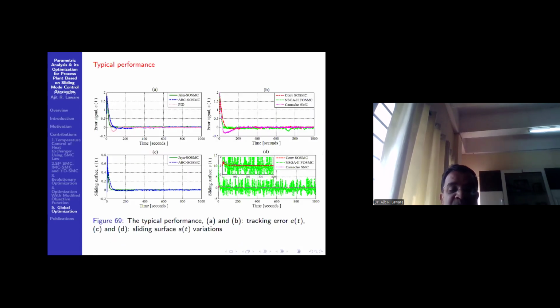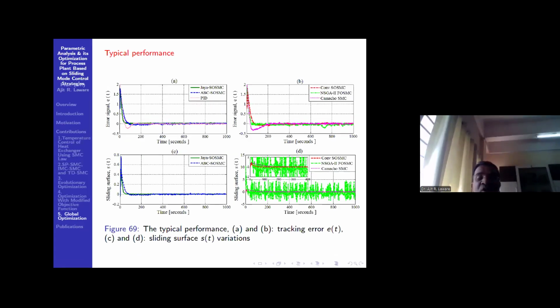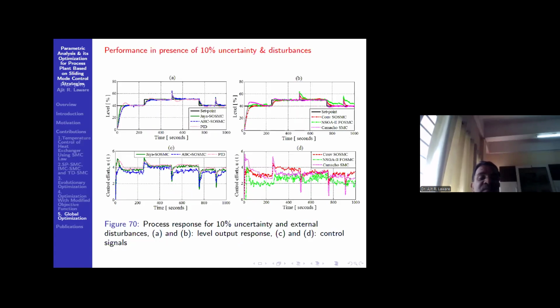So this is the typical performance in terms of tracking error and sliding surface variations for all the strategies. This is the 10% uncertainty and the disturbances, real-time performances for 10% uncertainty and external bounded matched disturbances.